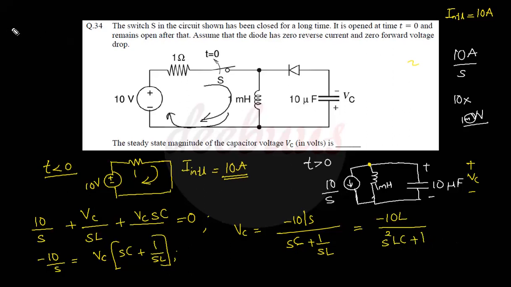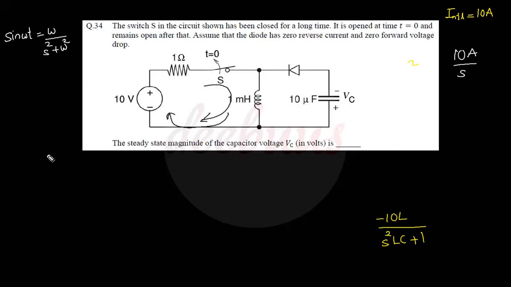But we know the Laplace transform of sine omega t equals omega by S square plus omega square. So we have to convert it into this form. That is Vc. Now Vc equals minus 10L, and I am taking Lc outside the term.